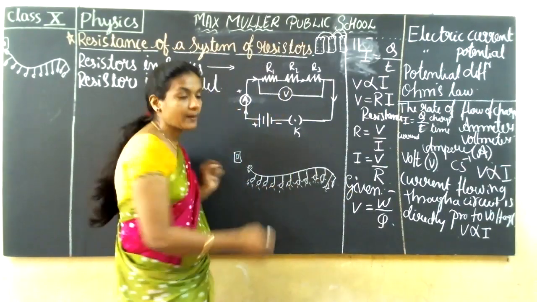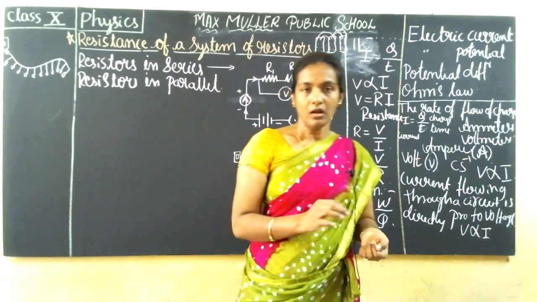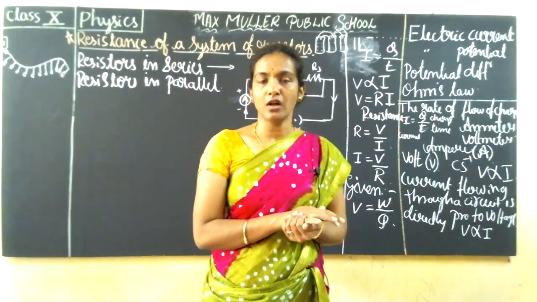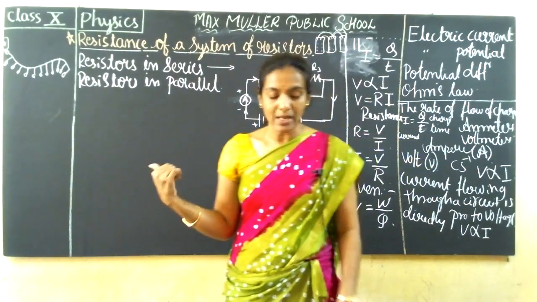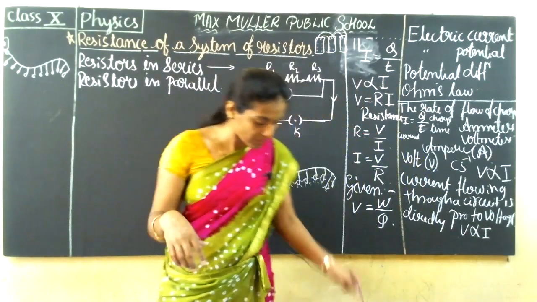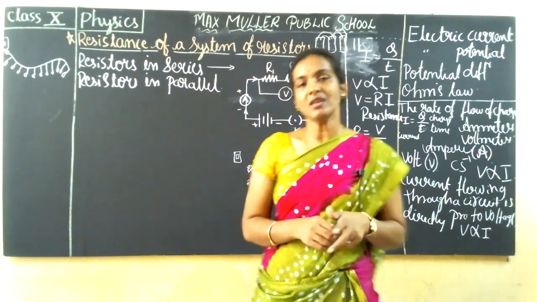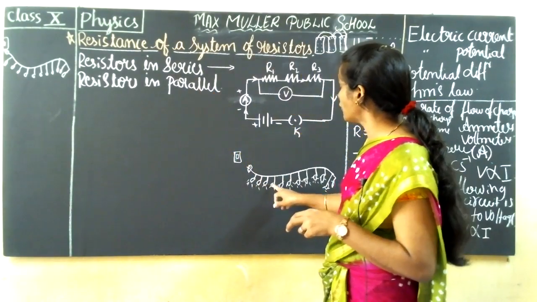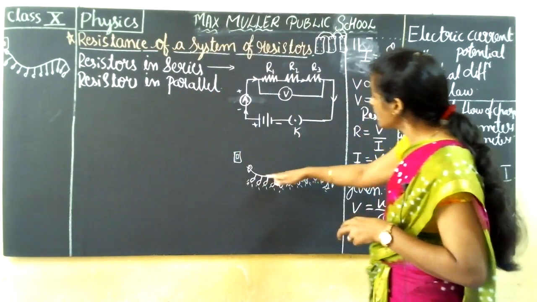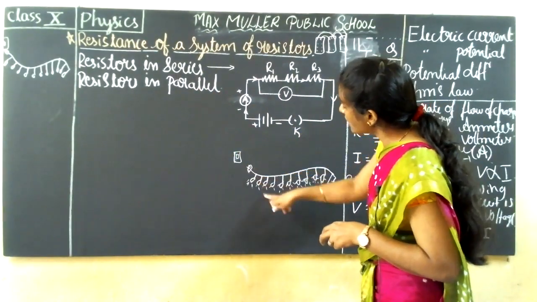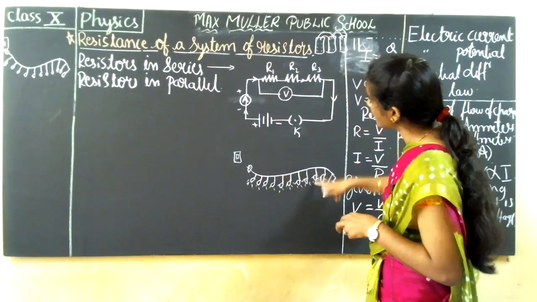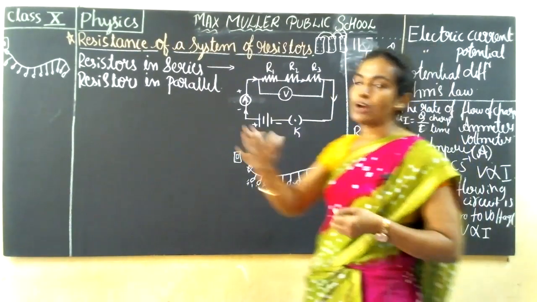In Deepavali and all, we used to get this kind of thing, right? You were having so many bulbs in that. Tell me whether only 1 or 2, or 3, 4, 5 bulbs will glow, or all the bulbs will glow. It means they all are connected one after the other, in a series connection.